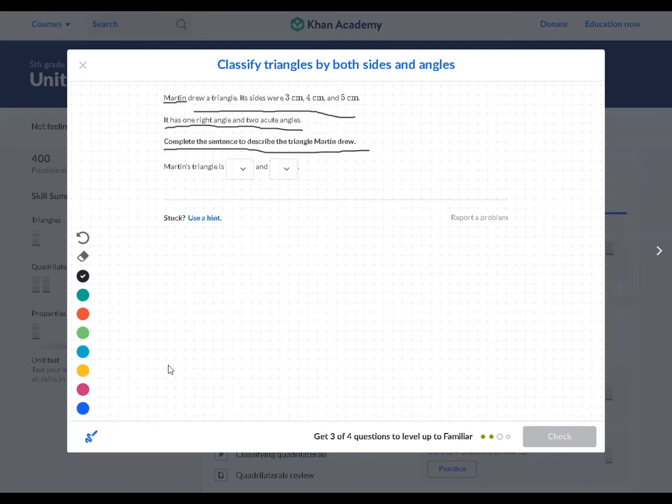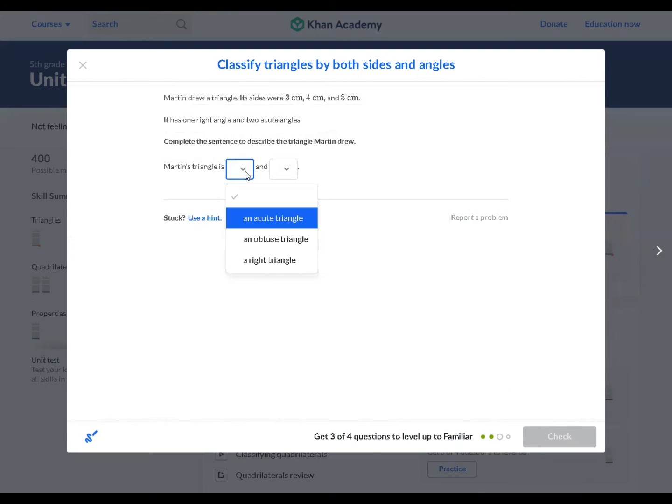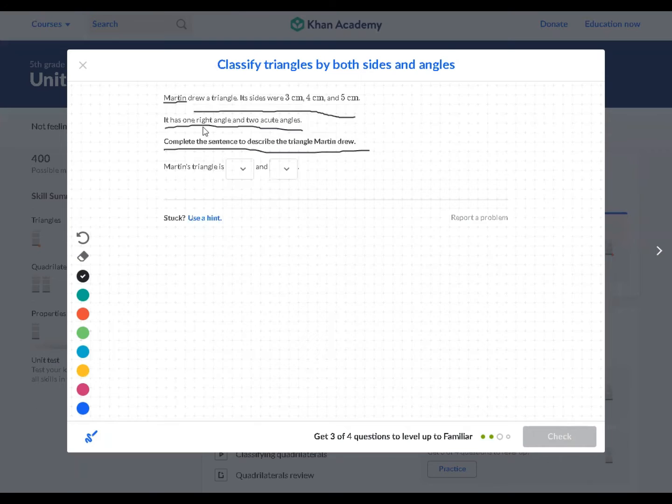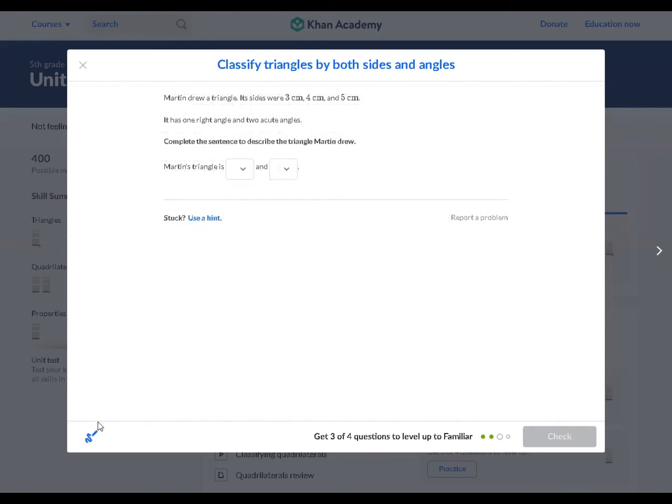Okay, so it is a right triangle because he said that there was one right angle in that triangle, so that triangle must look something like this, where one angle is a right angle and these two are acute, like that. So yeah, I go with right triangle.